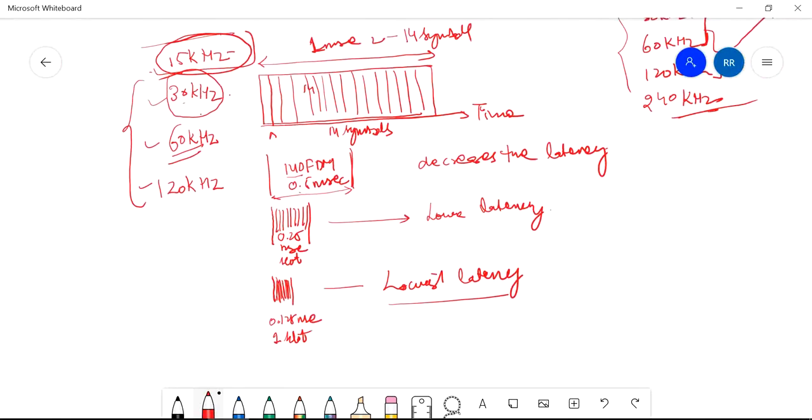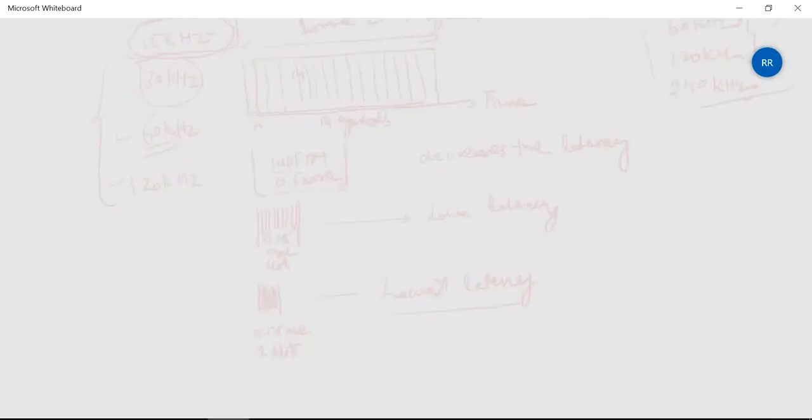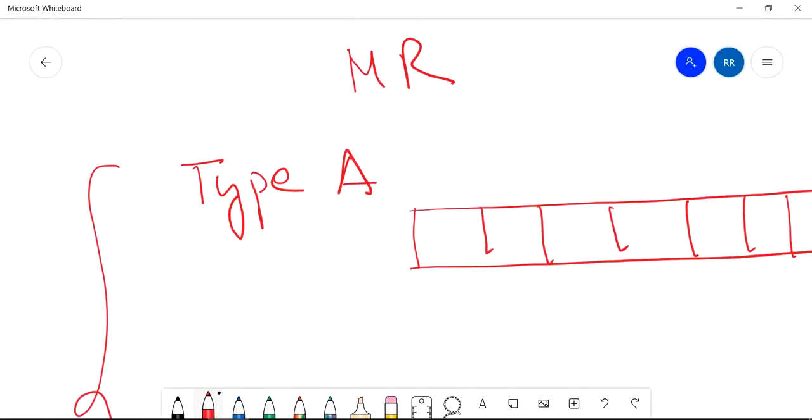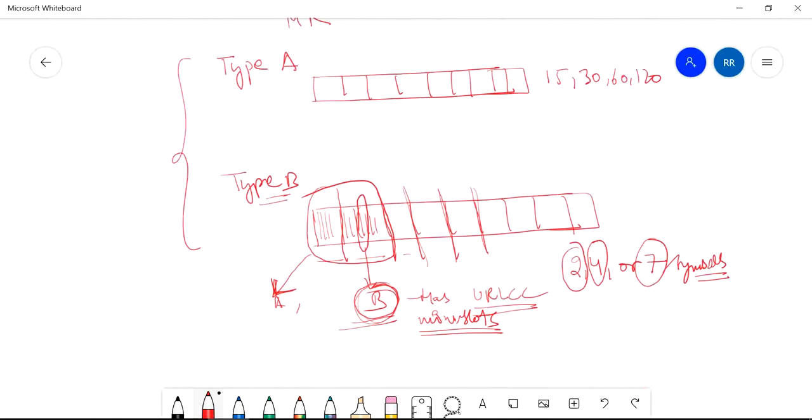And here is the concept of type A and type B communication. In type A it is the normal communication, and in type B we have the mini slot concept. So this is one way of reducing latency.